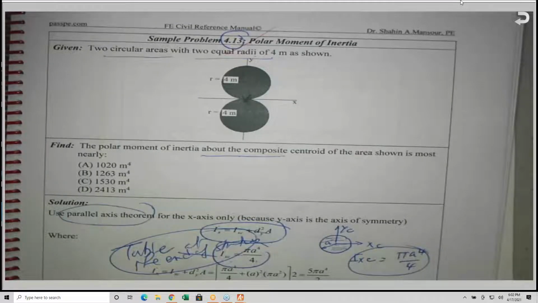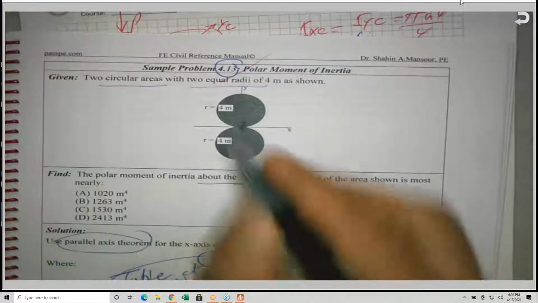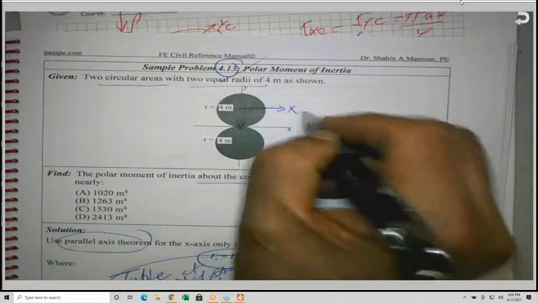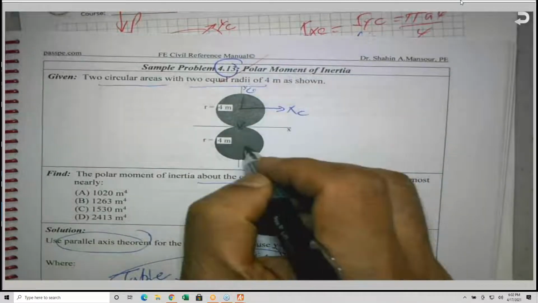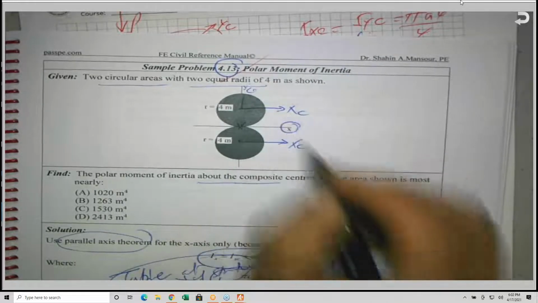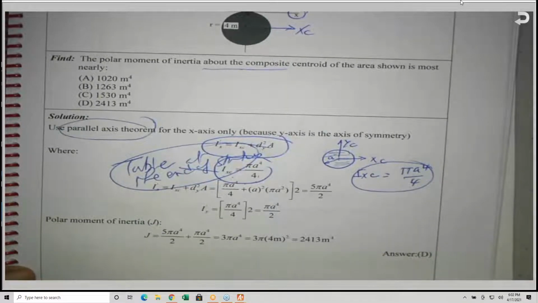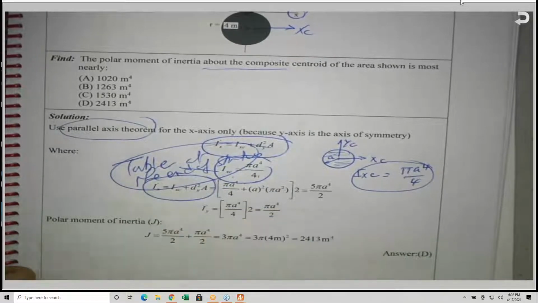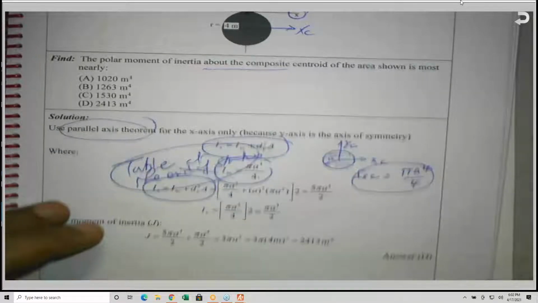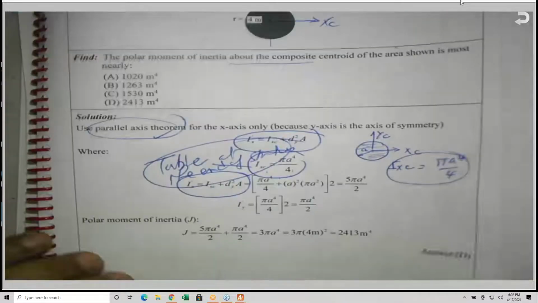Because the moment of inertia given here is about its own centroid, XC and YC, and the same for the other one, but the problem needs it to be here. So I have to use what is known as the parallel axis theorem, and I will talk about it in the following section. It's a very interesting and very important theorem, and I need you to be familiar with it. It's given here.